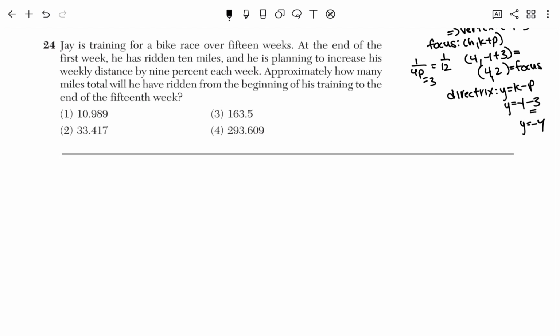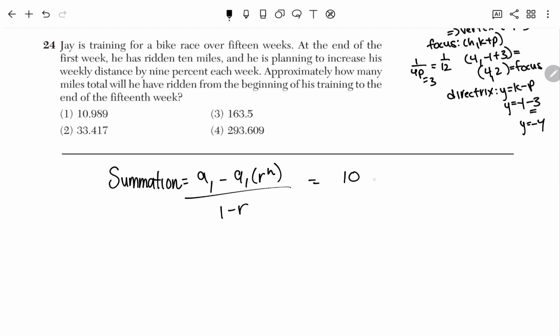And in short terms, we're going to do the summation formula. On our reference table, our summation formula is equal to a1 minus a1 times r to the n over 1 minus r. So I'm plugging in 10 minus 10 times 1.09 to the 15th over 1 minus 1.09.